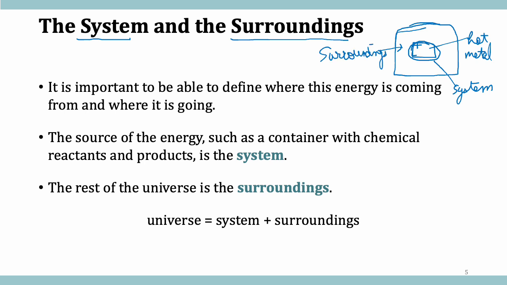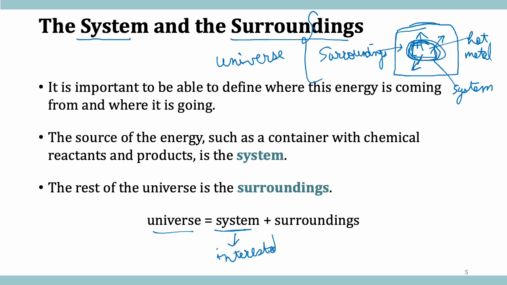Okay, so system is the species or the reaction that you're interested in, and surroundings are everything around that system that can interact with this system, that can have energy transfer or heat transfer with the system. Those are called surroundings, and everything combined together, so system plus surroundings, is called the universe. Okay, so universe is the whole thing, system is what I'm interested in.